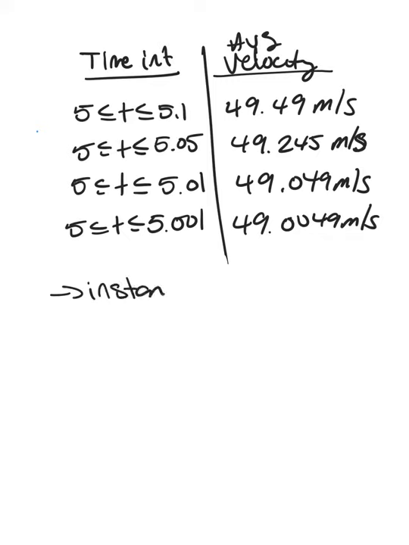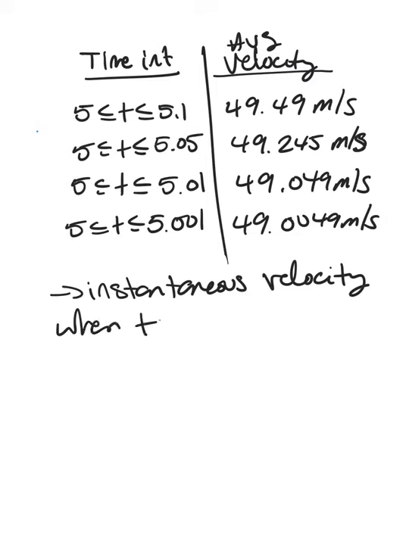So that becomes my instantaneous velocity. That's my velocity at an actual point. What's my speed at 5 seconds? So the velocity when time equals 5 is defined to be the limiting value of these average velocities.